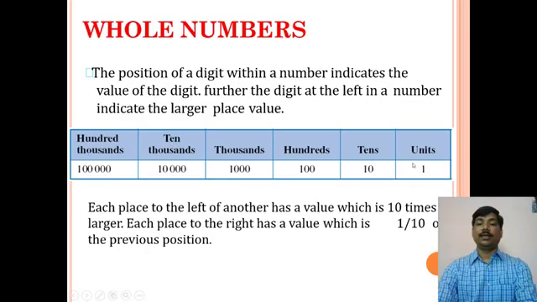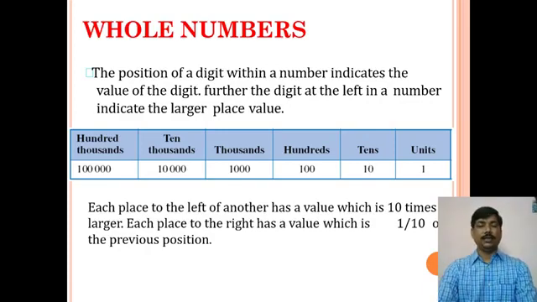If any digit is at the unit place, the value of that digit will be the digit multiplied by 1. If the digit is at the tens place of a number, then the value of that digit will be multiplied by its place value.